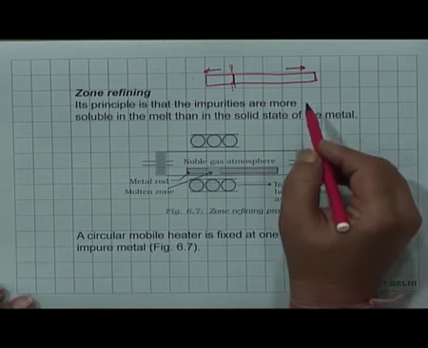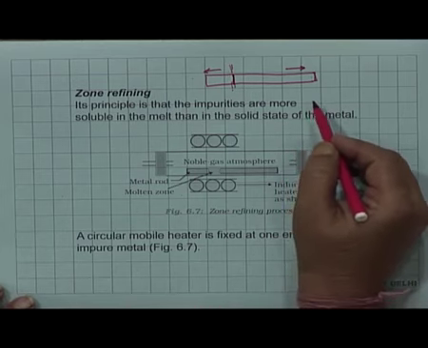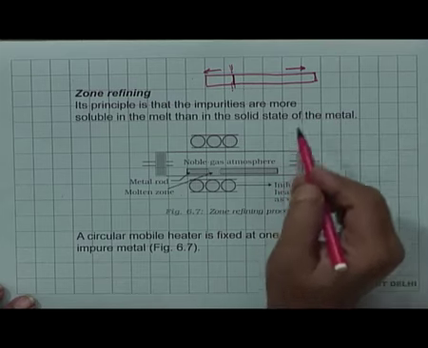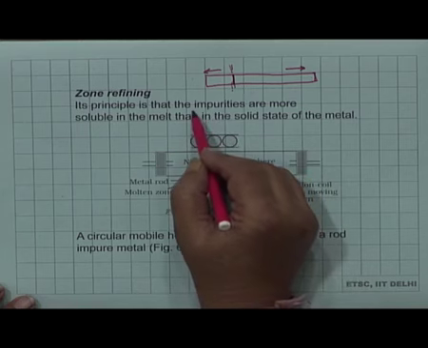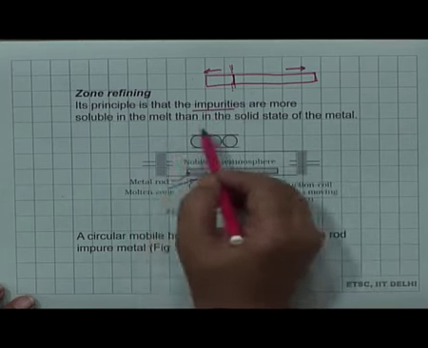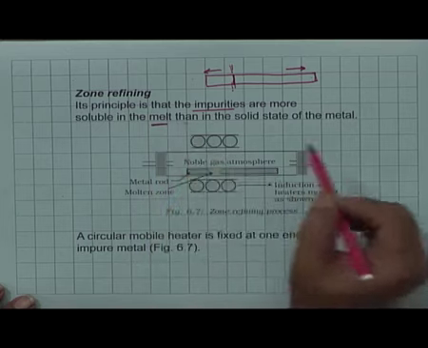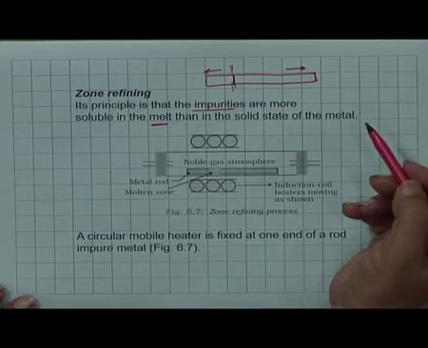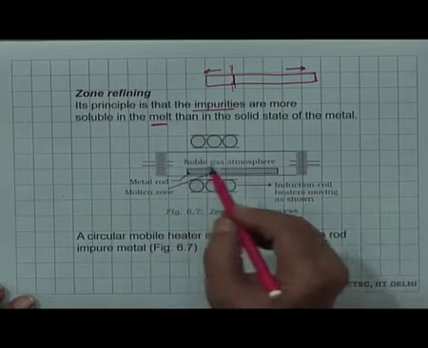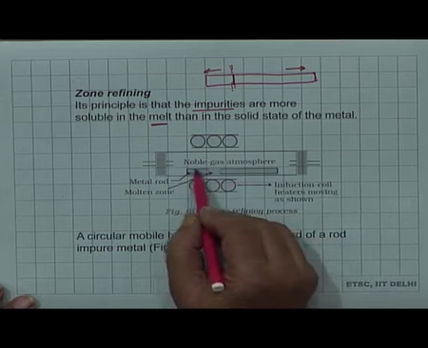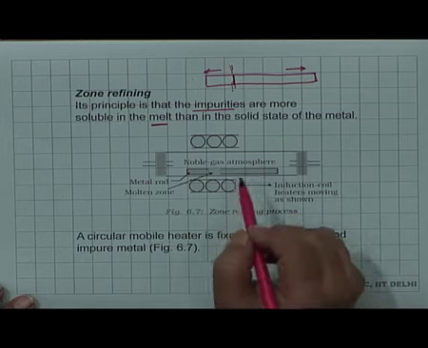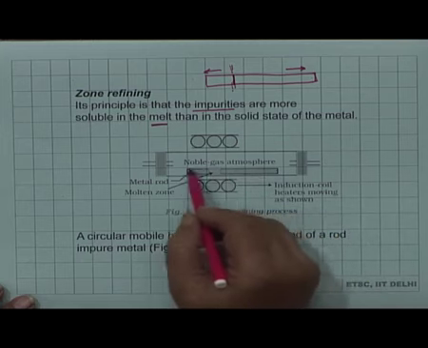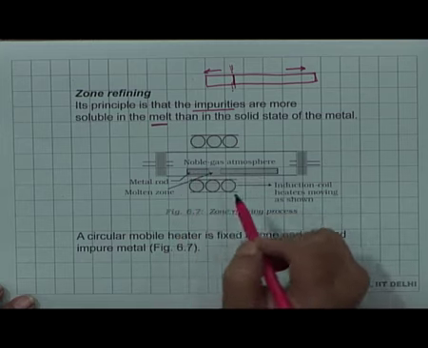Now, on what principle does this zone refining work? This zone refining works on the principle that impurities are more soluble in the melt than in the solid state of the metal. So, what we do basically, we take a metal rod and in an inert atmosphere we heat it.